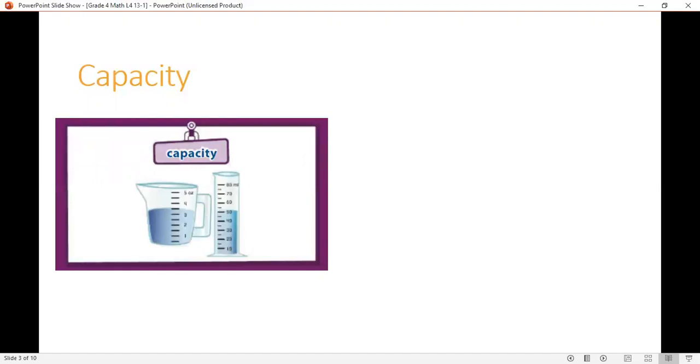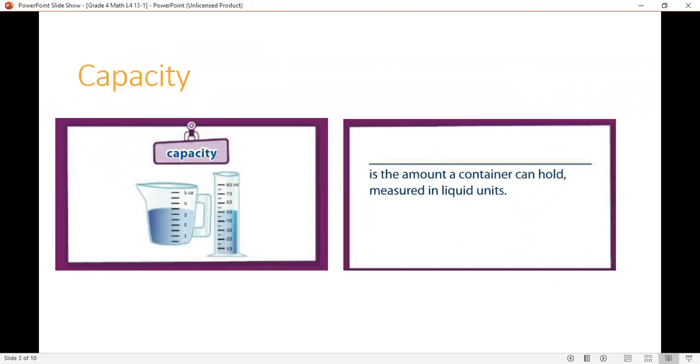So first of all, let's look at capacity. What is capacity? Capacity is the amount a container can hold measured in liquid units. For example, if we look at the jug here, this jug can hold roughly 5 ounces. So we can see that this is used in the imperial system, ounces.